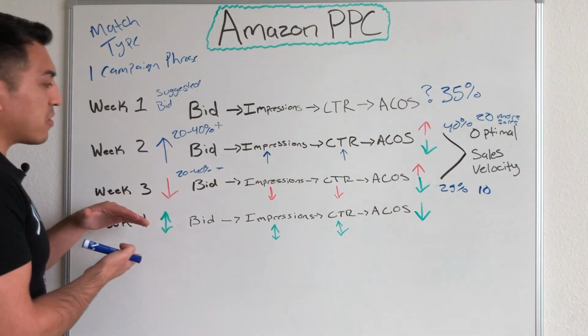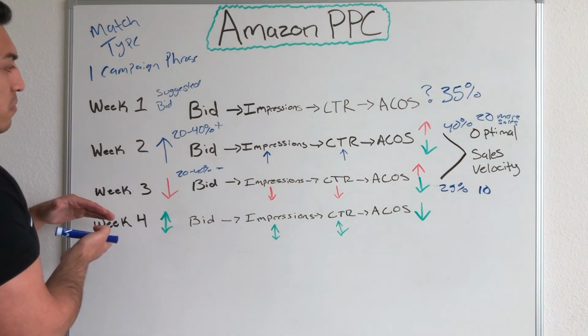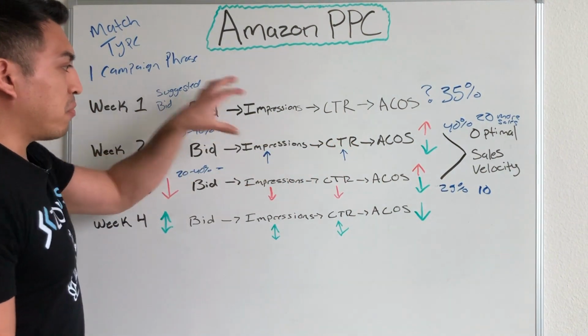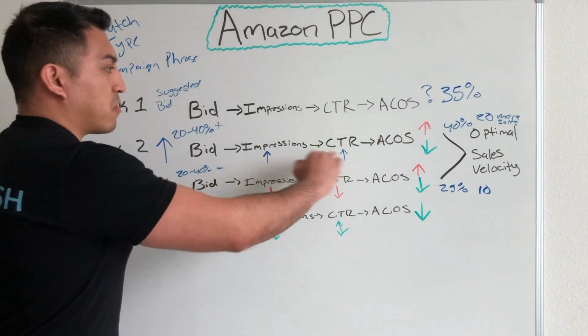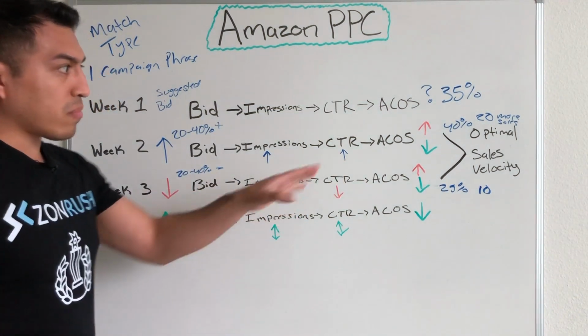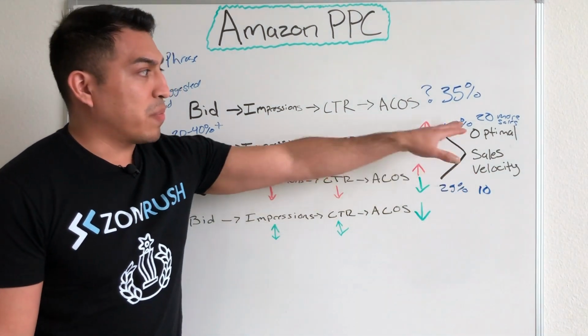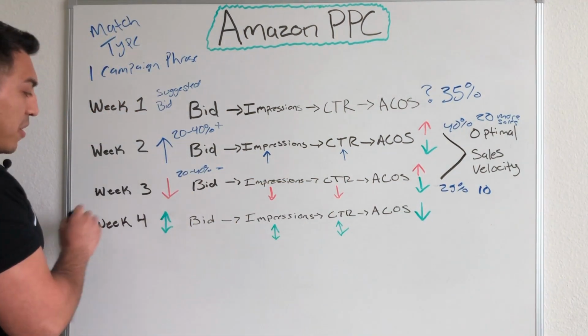Okay, and 7 days is really the optimal time frame to start changing the variables to measure these week after week. Okay, measure impressions, measure click-through rate, and see what your optimal sales velocity is. Because there's a median point here that you can be optimized for.